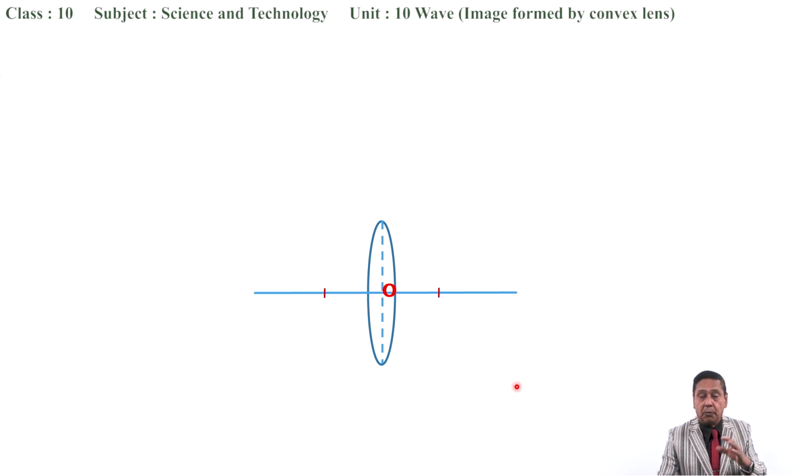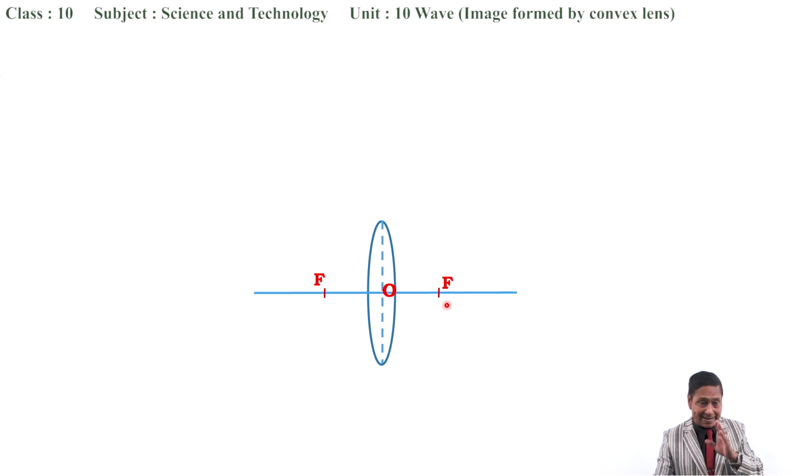Focus lies on both the sides, because when light comes from the left hand side, then the parallel ray of light coming from the left hand side passes through the focus of the right hand side, and if light comes from the right hand side, then the parallel ray of light, I mean parallel with the principal axis, passes through the focus of the left hand side.